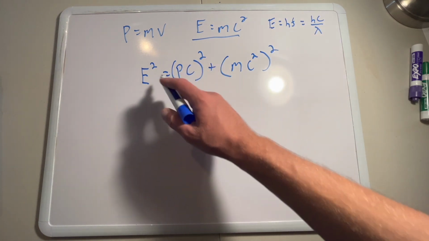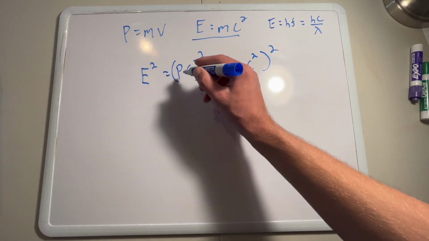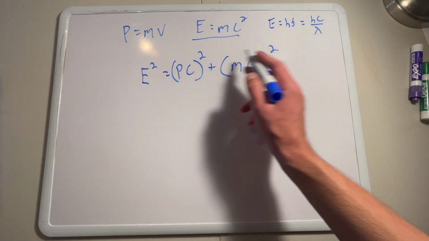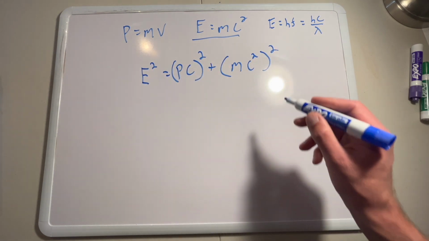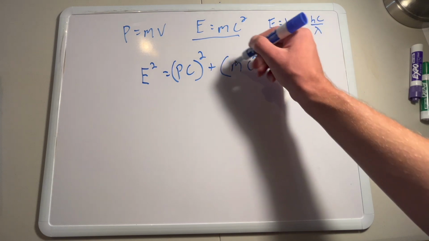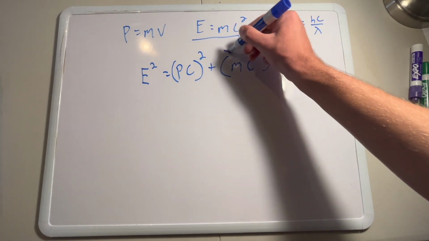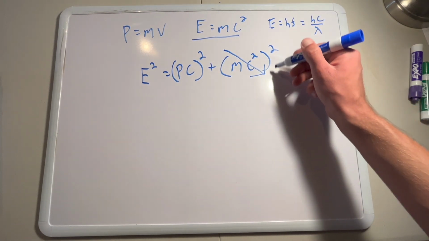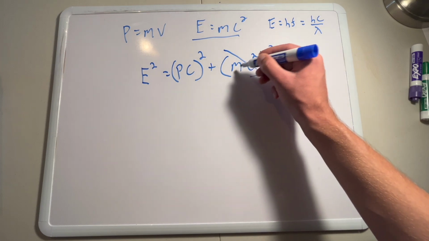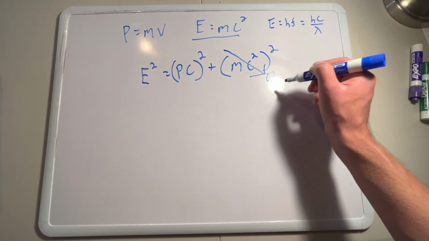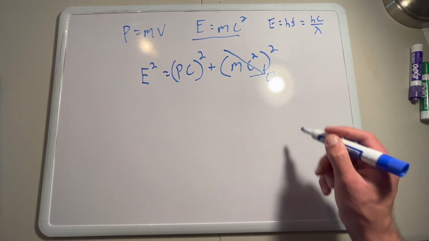So we can again use momentum and find the actual momentum of a photon, but this term will be 0. So a little more accurate here, we're saying that because the mass is 0, that whole term drops off.